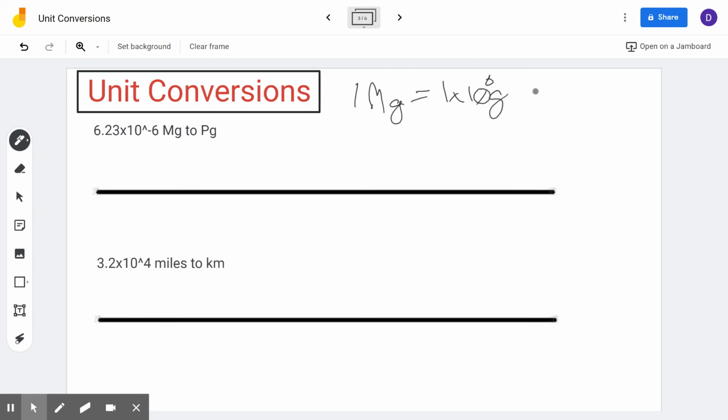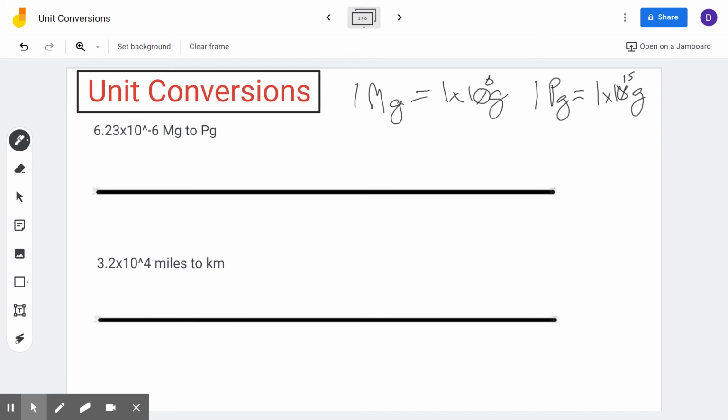And 1 petagram is 1 times 10 to the, I believe it's ninth, but let me look again. Peta is, no, it's to the 15th grams.